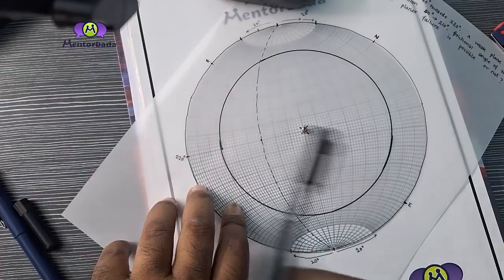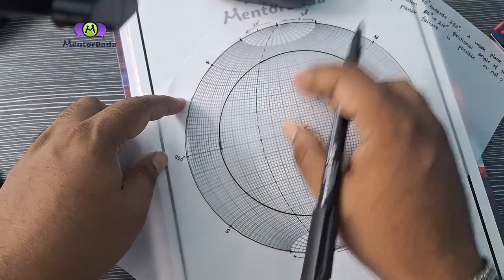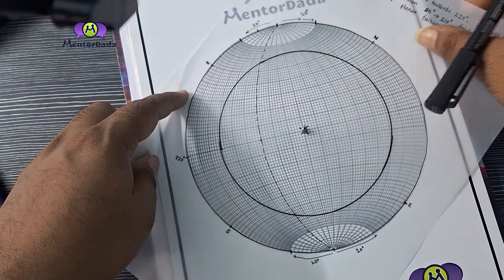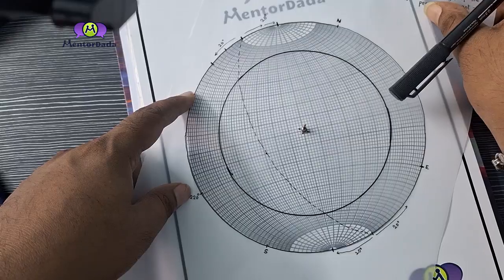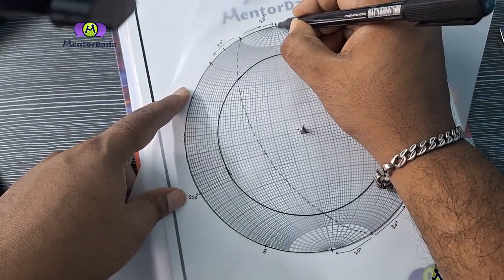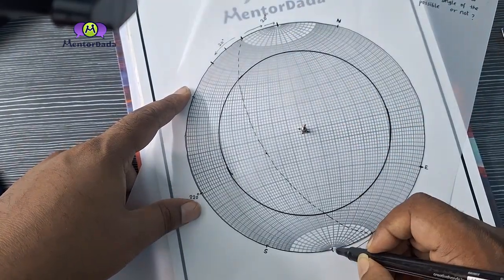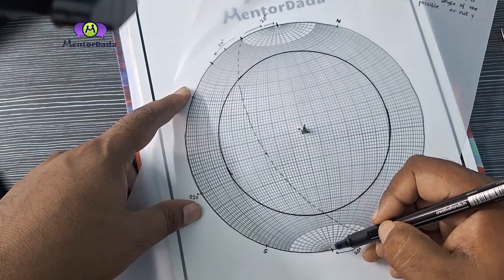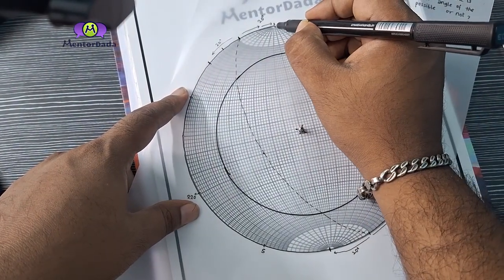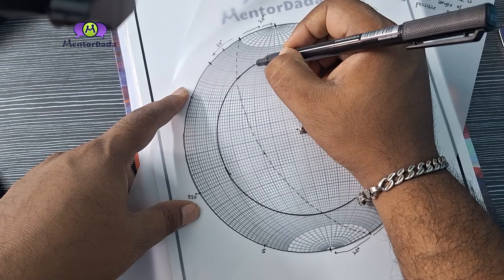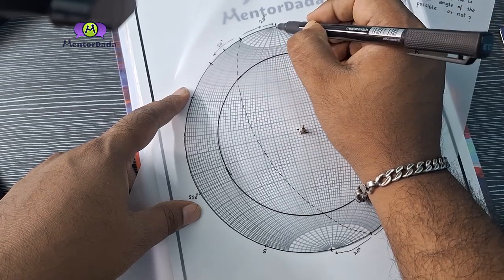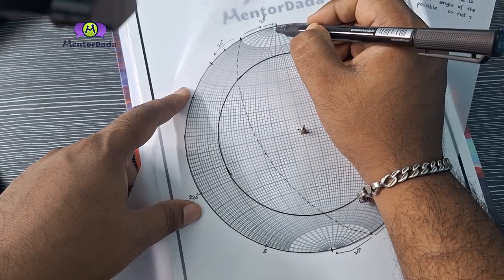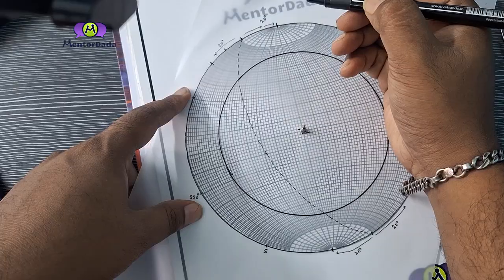Now what we will do is also draw an arc using these two strikes, and that should have the same amount of inclination as the slope face.